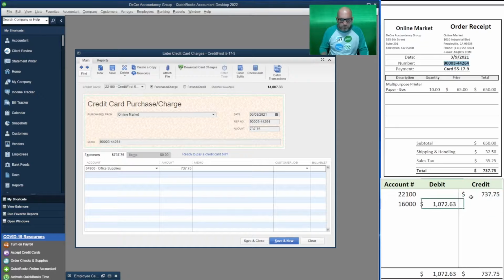Liability goes up, expense goes up. Expenses go up when debited. Liabilities go up when credited. We finance this expense with liability, therefore expenses 64,900 went up and 22,100 went up.